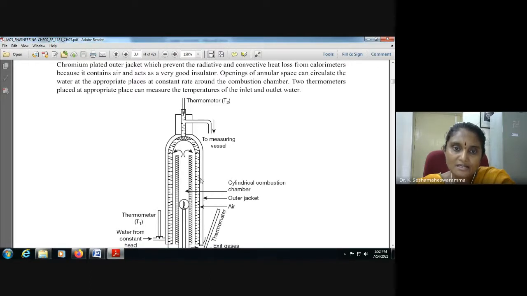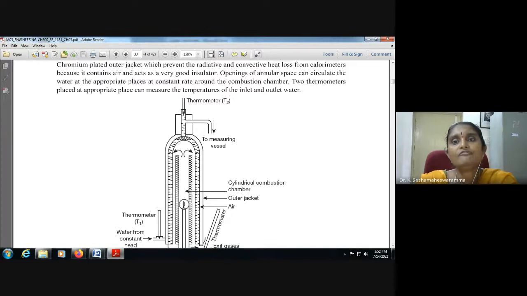This is the chromium plated outer jacket, because it contains air and acts as a very good insulator. Air is a good insulator.